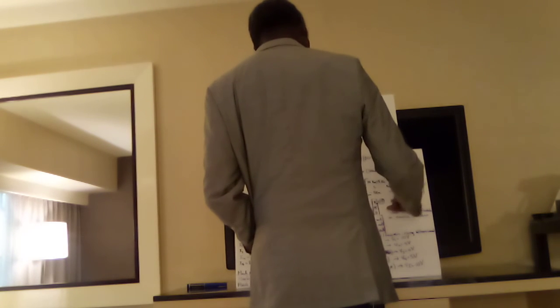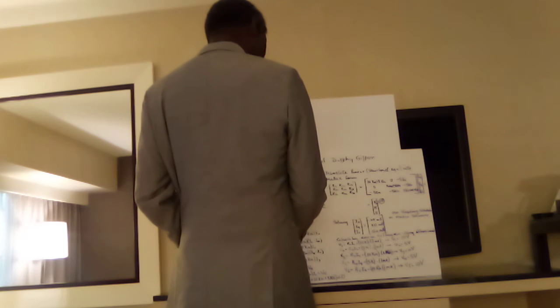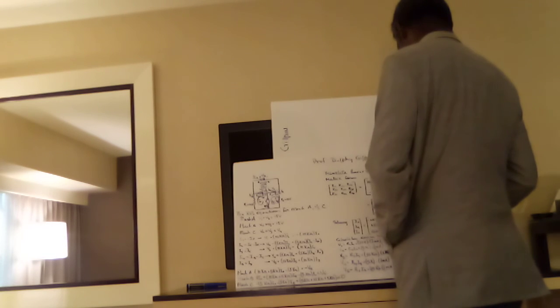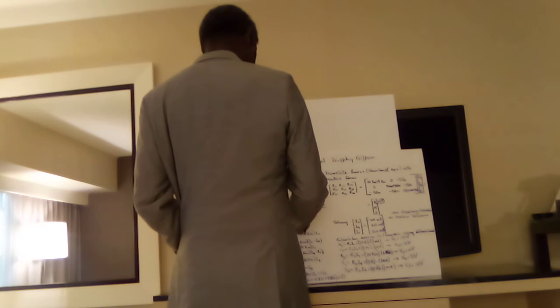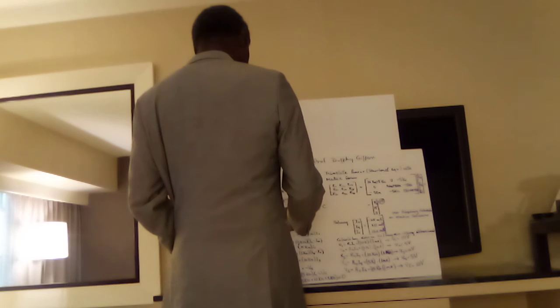R21 is 0. R12 and R21 are the same. And R22, 2 and 2, would be equal to 5 kilo ohms plus 10 kilo ohms, that's equal to 15 kilo ohms. And R23, mesh 2 and mesh 3, which is this one, will be equal to minus 5 kilo ohms.